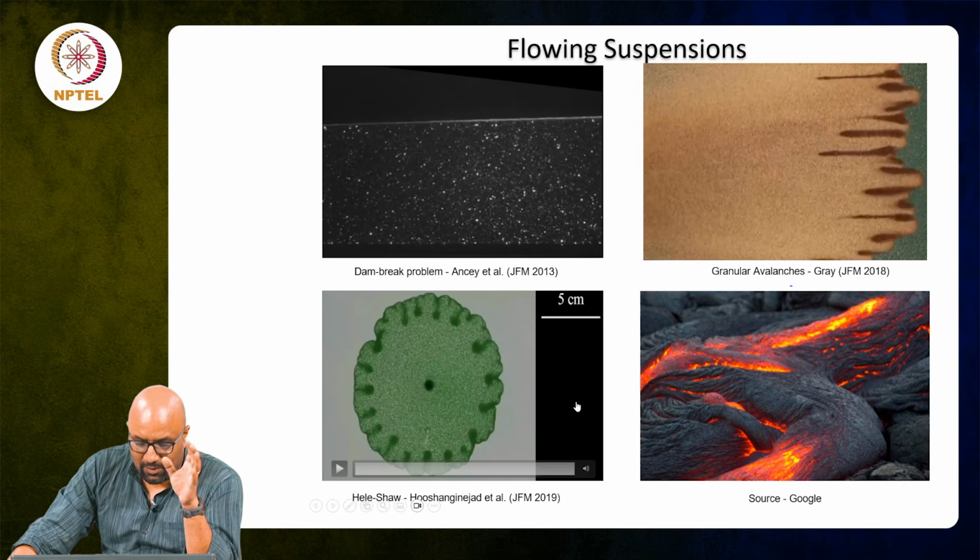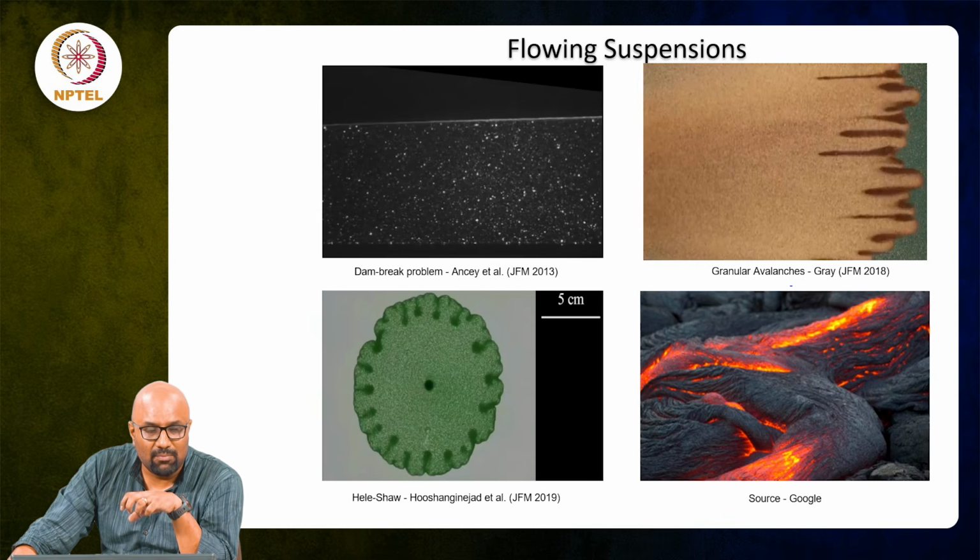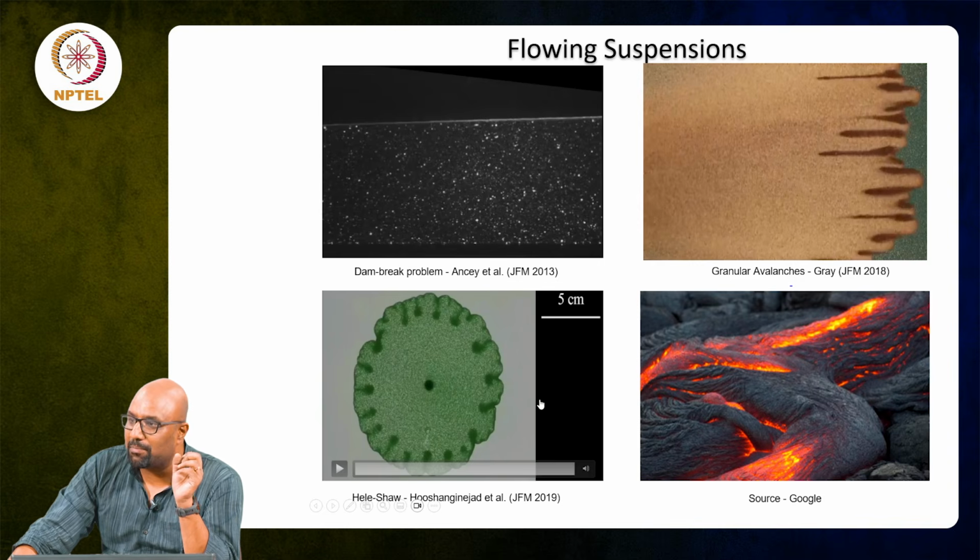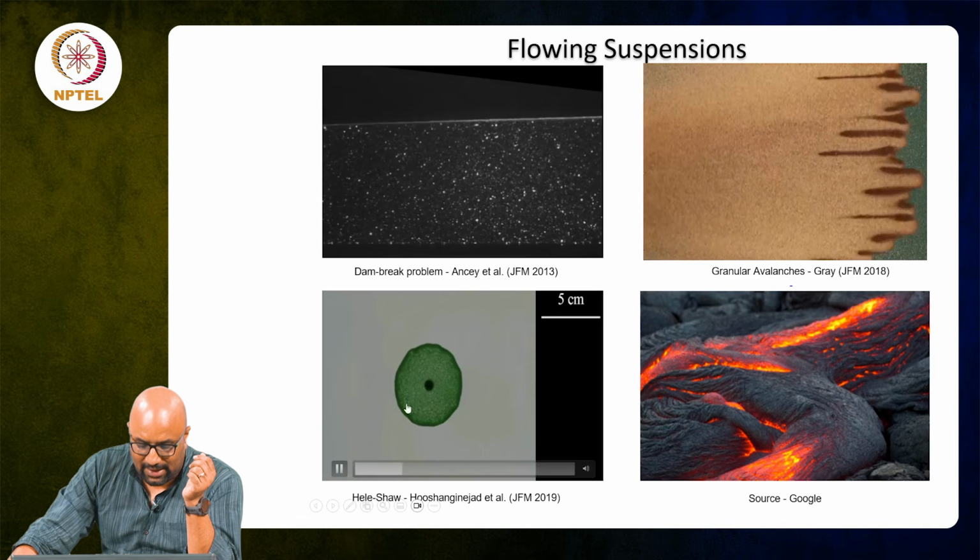If you are familiar with this kind of literature, this is classically known as a fingering instability or a Saffman-Taylor instability, which usually occurs when you have a less viscous fluid displacing a more viscous fluid. So, you are injecting a low viscosity fluid into a medium of high viscosity, and you observe the interface developing this fingering pattern, something that is quite often seen in porous medium or similar related problems. But here what you are displacing is a particle laden fluid.